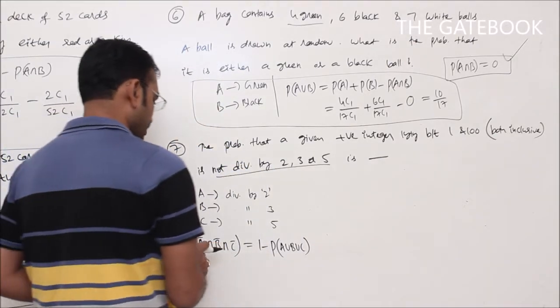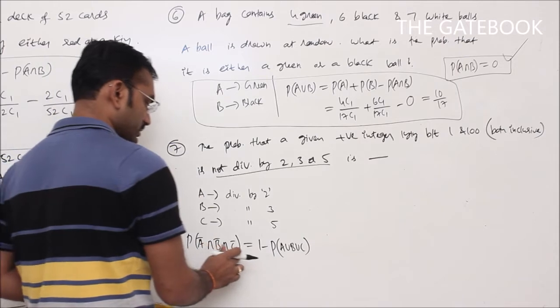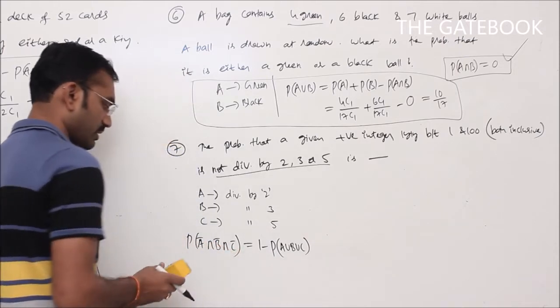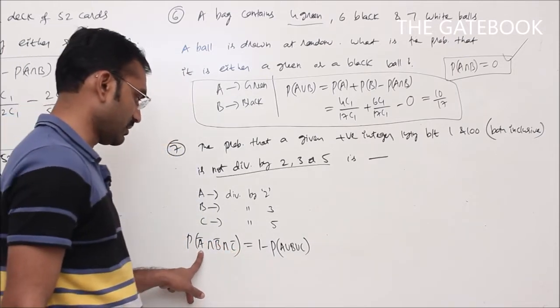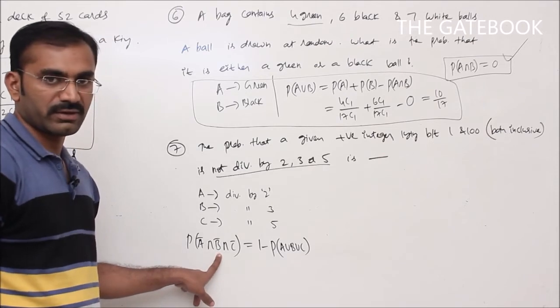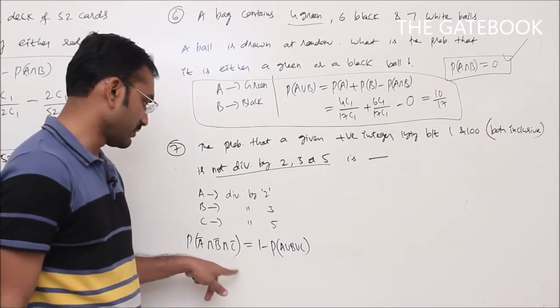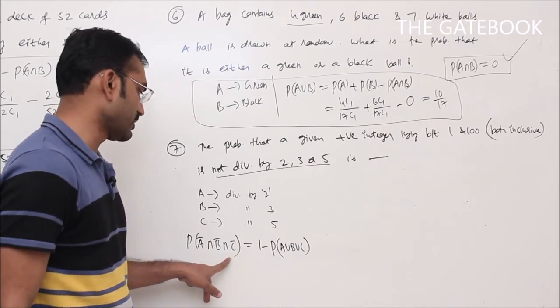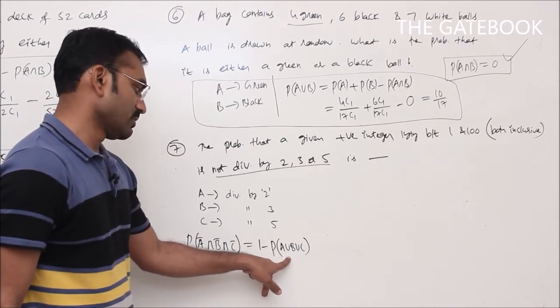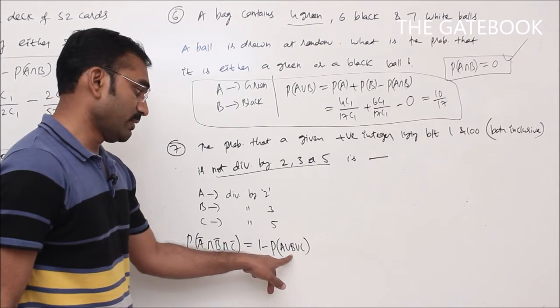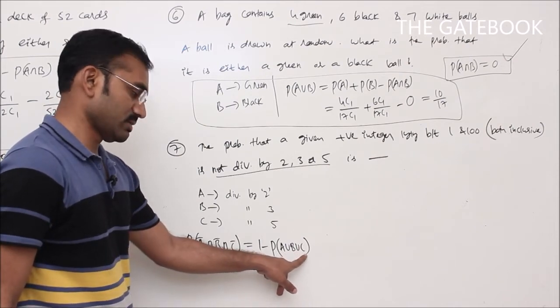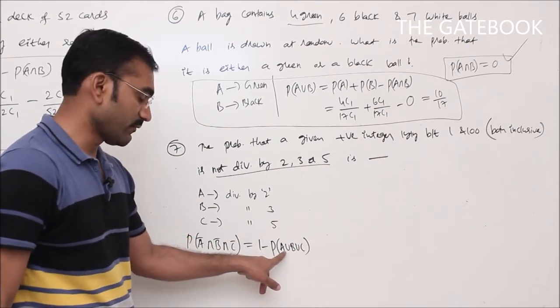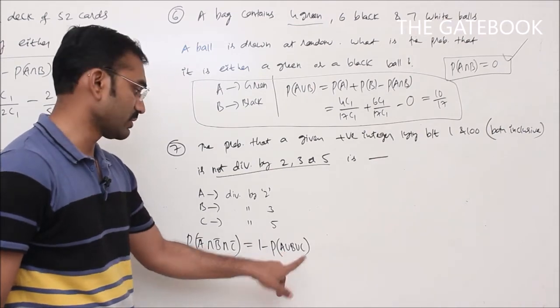Here A bar means the event A not happening, B bar means event B not happening, C bar means event C not happening. So not divisible by 2 or 3 or 5 is equal to 1 minus the probability of a number divisible by 2 or 3 or 5.